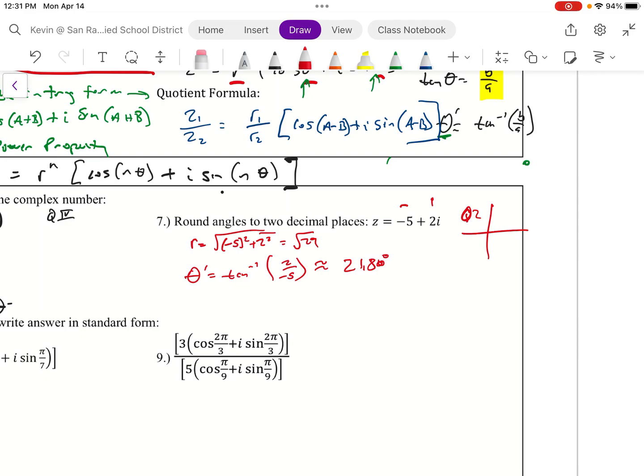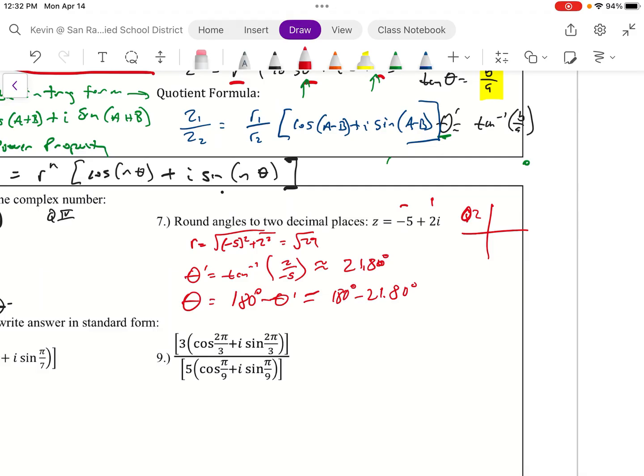So since this is negative and positive, we're in Q2. So theta equals 180 degrees minus my reference angle.